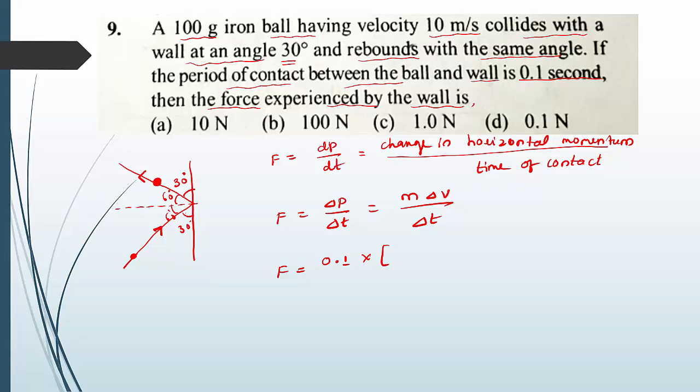Here I am going to consider this component. You can observe the resolution of a vector. A vector is resolved into two components. So from that we will get the equation V sin 30. It is going to hit with the V sin 30 component. Here also it is the same, V sin 30.